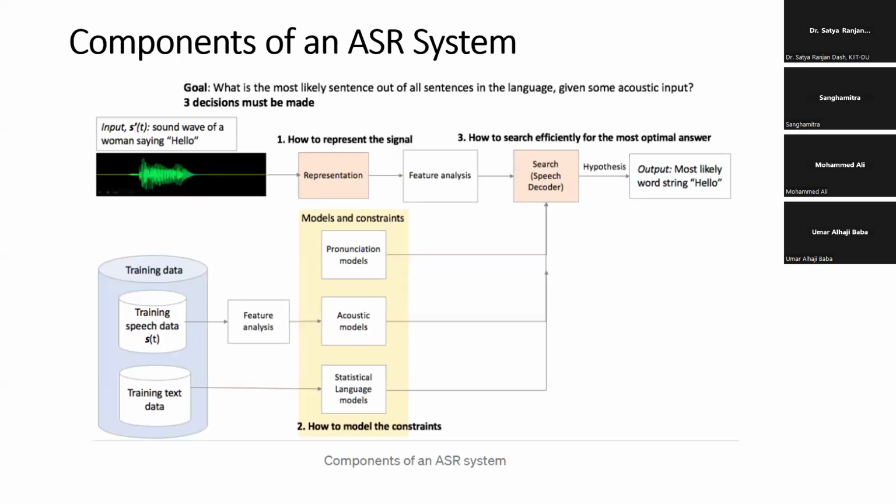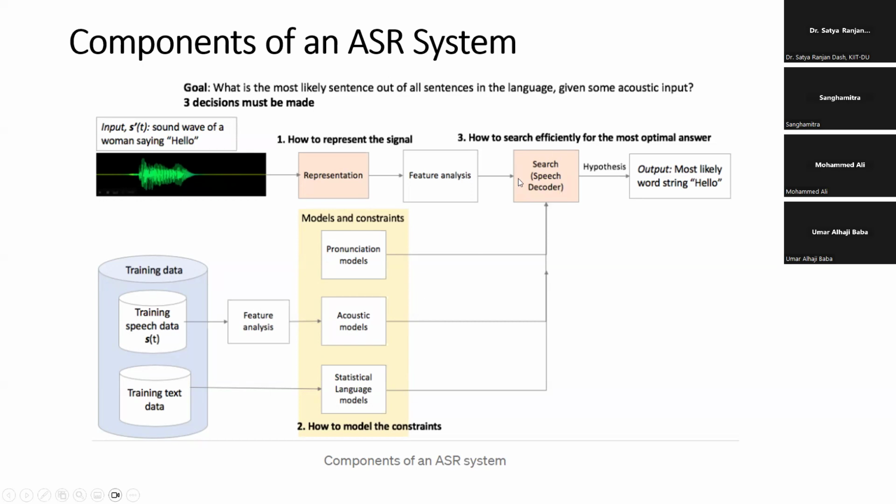Now, let us delve into the ASR system. This is the basic architecture of an ASR system, and these are the basic components. First will be the input speech signal, and then you need to find a digital representation from where you extract the relevant features, and then these features will be fed to the speech decoder.